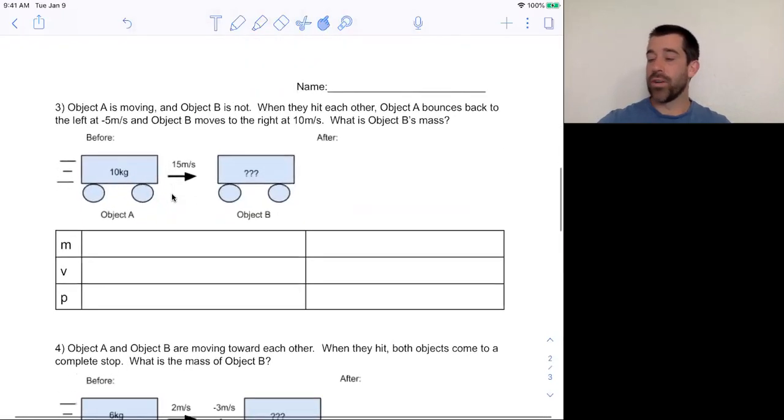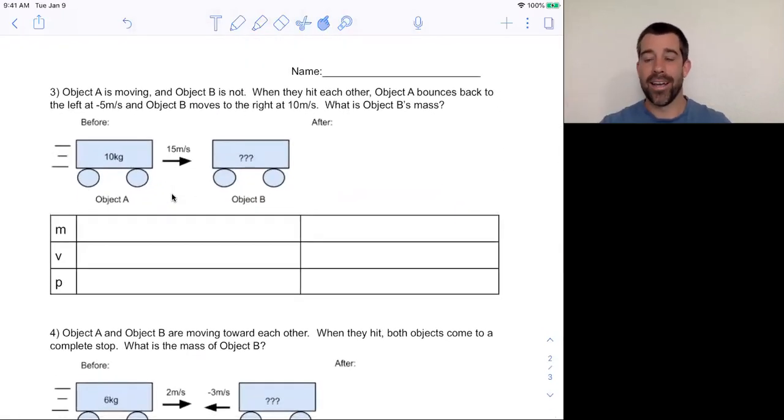Now, assuming that you've already done problems 1 and 2 without assistance, we're going to go ahead and go to problem number 3. Hopefully you've tried problem number 3 by yourself, and either you finished it and you want to see how you did, or you're stuck and you want to get some help.